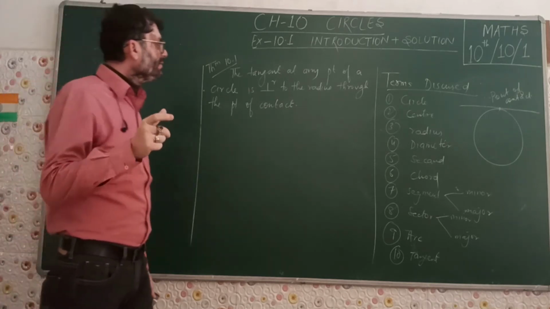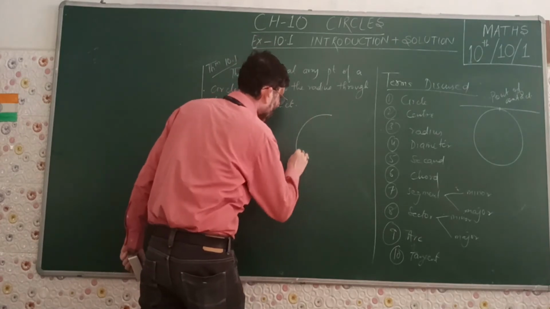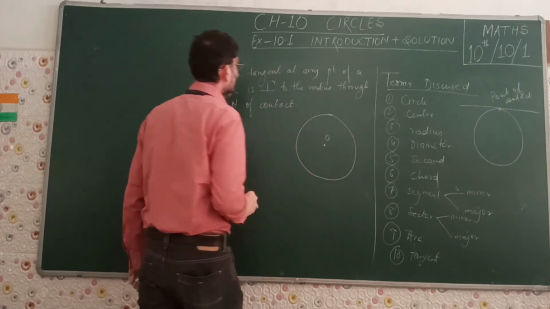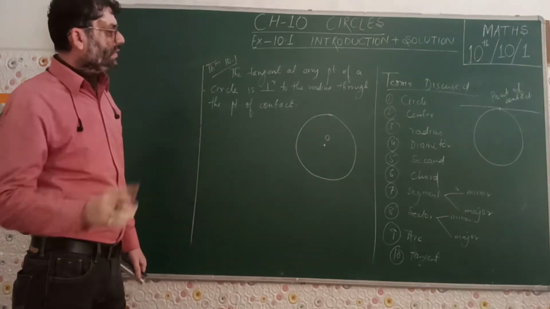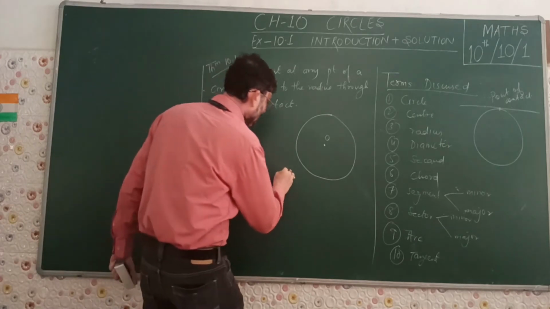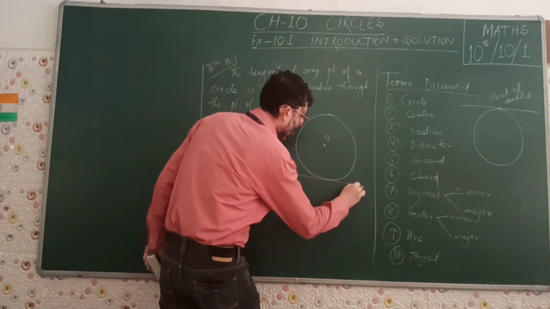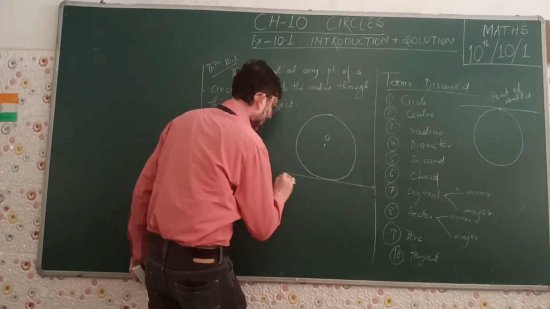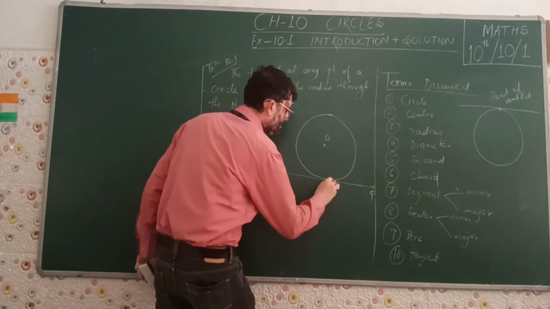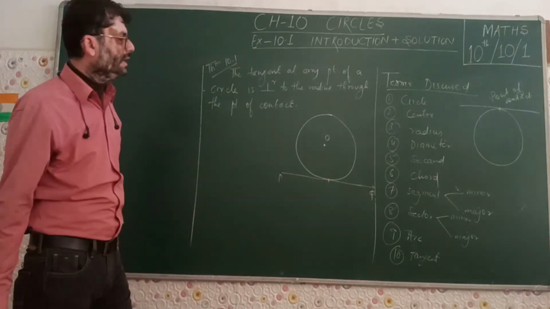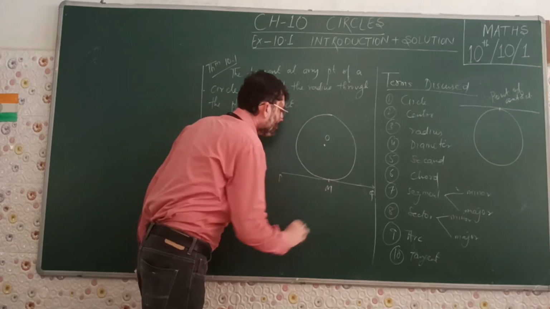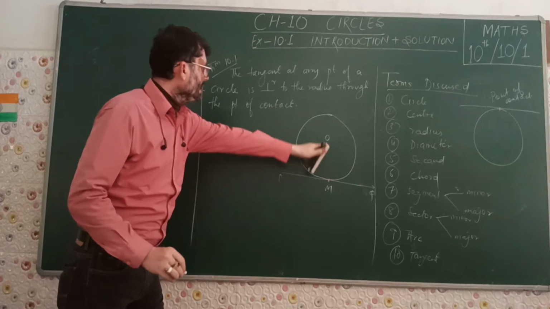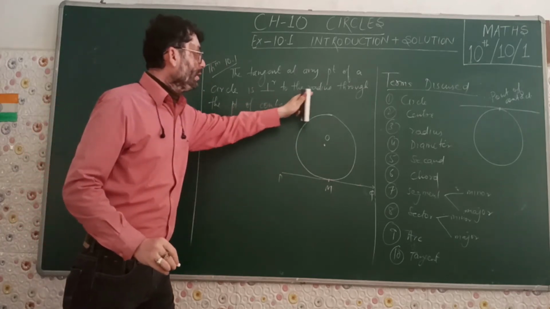That means we are given a circle with the center O, and the tangent at any point of the circle, let that tangent be PQ, and that point of contact be named M. The tangent at any point of the circle is perpendicular to the radius.